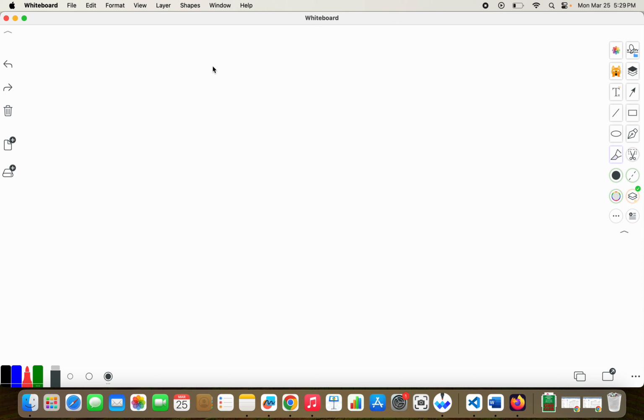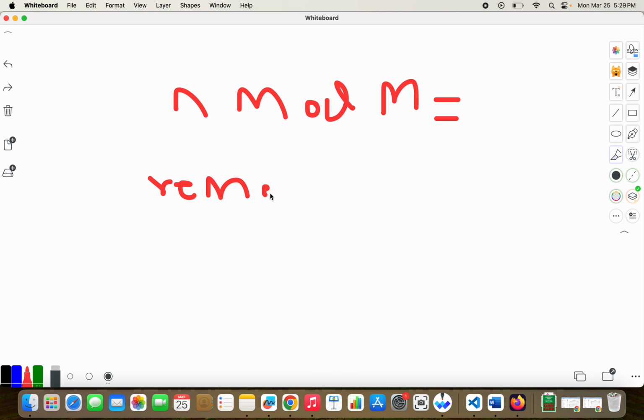So that's modulus. a mod m equals the remainder when a is divided by m.